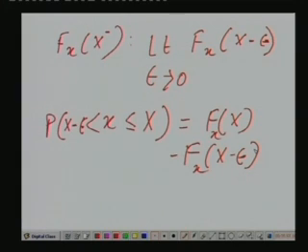Now see the interesting thing, if on the left hand side I take a limit of epsilon tending to 0, then what happens? That is, I take this limit.